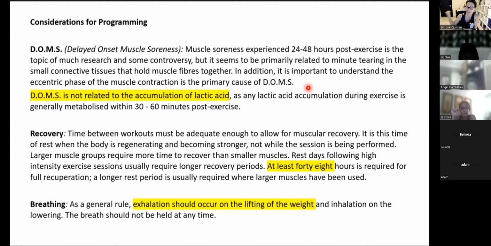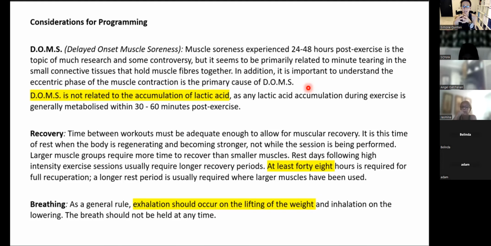The DOMS, which you feel a day after or even 2 days after, refers to small micro tears. They're tiny, tiny tears. It's actually an injury. Your muscles get tears, and when they heal, that is when hypertrophy happens and they become stronger.